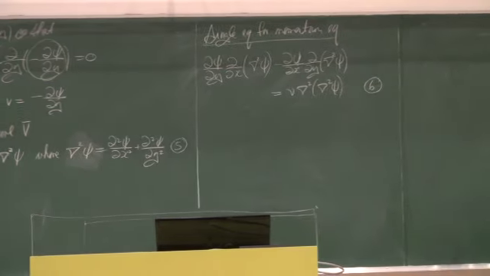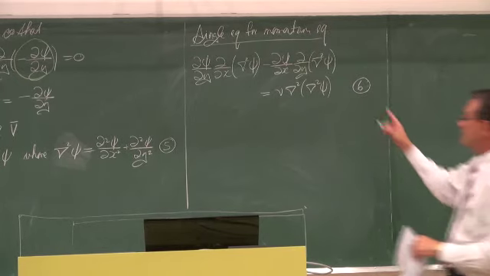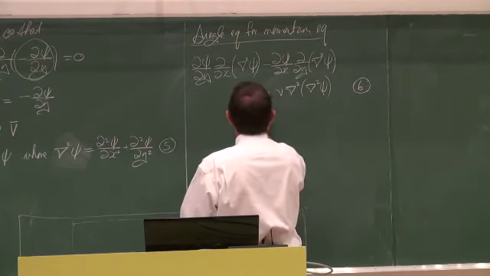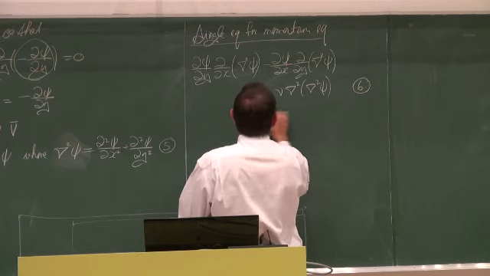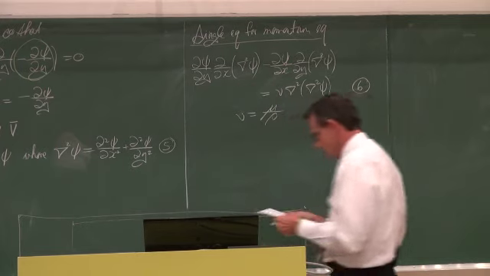That is equation 6. And in this equation, the kinematic viscosity is equal to the viscosity divided by the density.